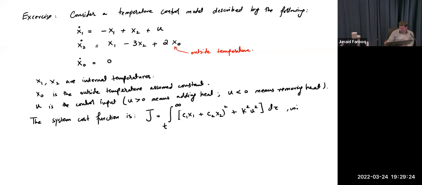Okay, where c1, c2, and k are positive constants.